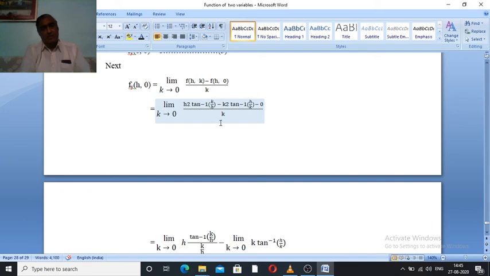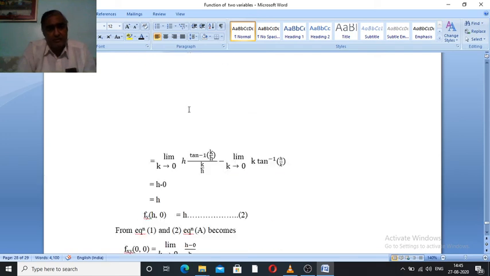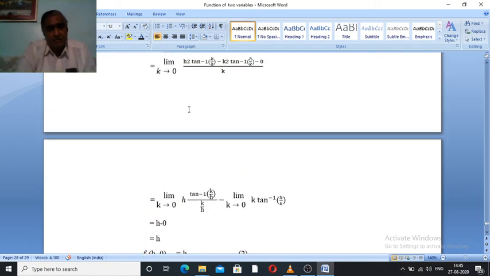Therefore h² upon k, tan⁻¹(k/h) minus, here k² upon k is k only, k tan⁻¹(h/k).